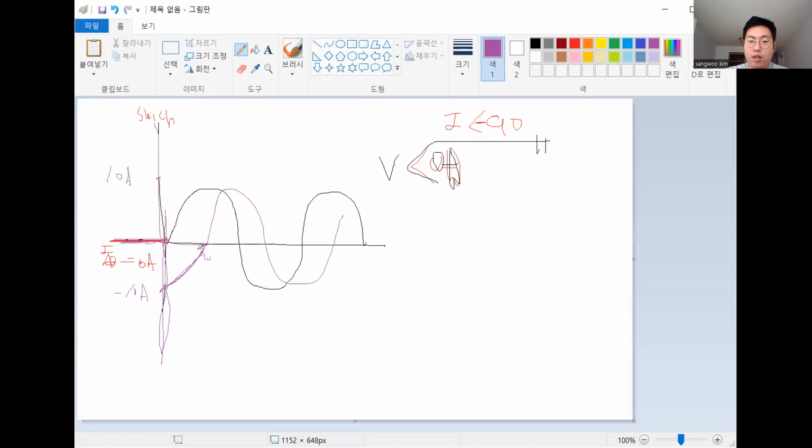But as I said, the inductor's current cannot change right away. It needs some time, right? Because of inertia, minus 10 amperes of inertia, it happens here. I will draw it in green. So the inertia made it this 10 ampere. You know what I mean?